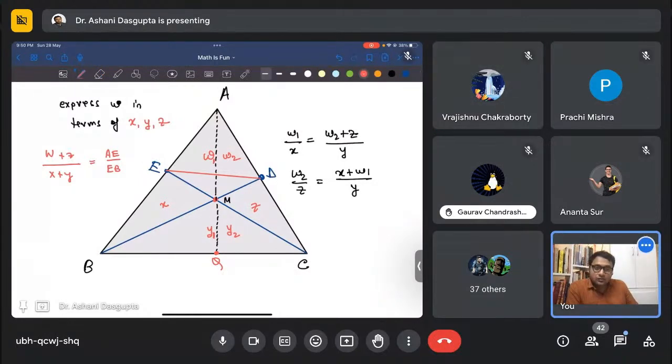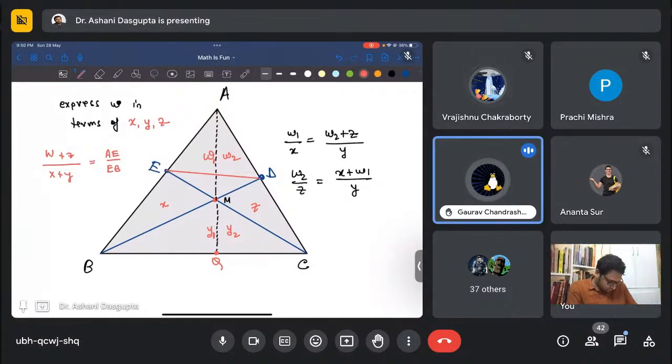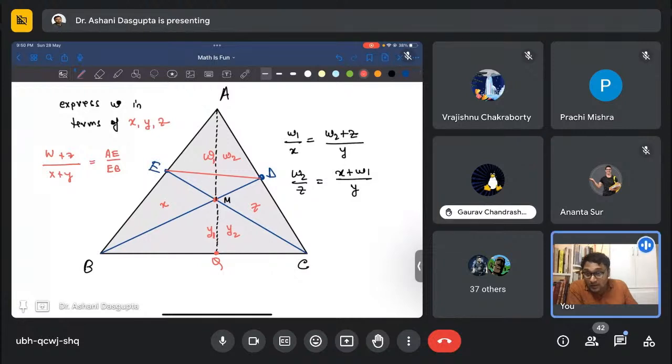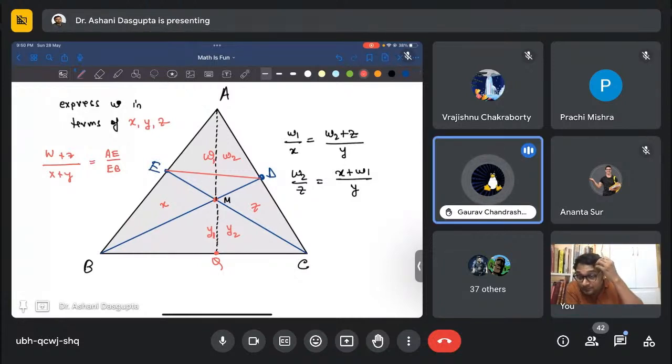Okay. What about you, Gaurav? Yes, sir. I just had one question. Would x, y1 plus y2, and z be in a ratio? They would be similar, right?